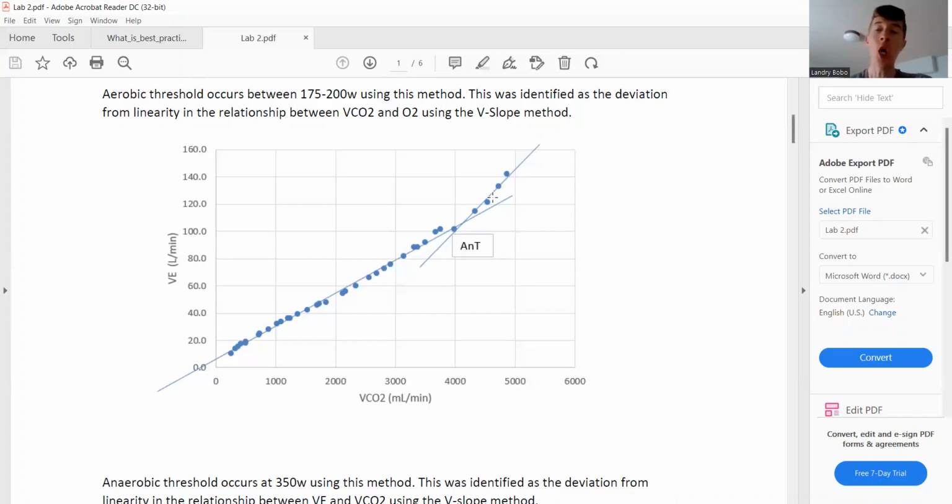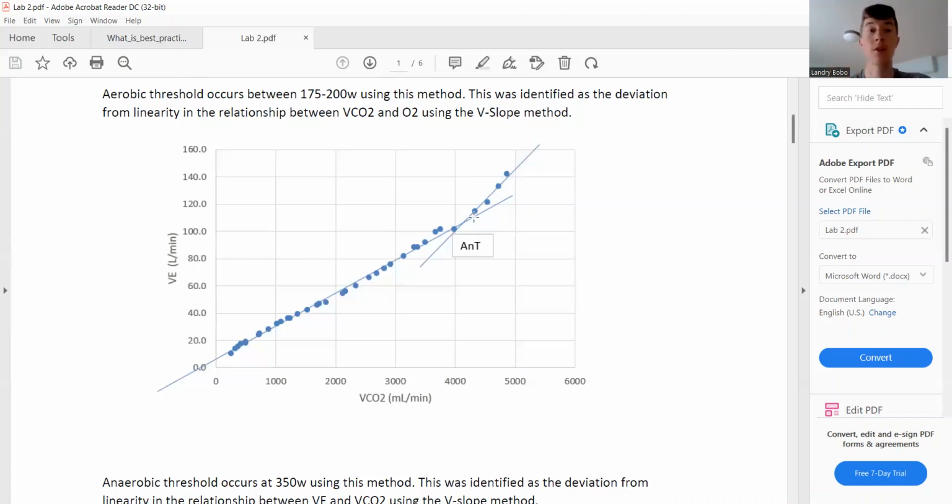Your body is trying to get rid of all those metabolic byproducts. But if you're riding just below the second threshold, your breathing's still pretty controlled. You might be breathing a little bit more heavily, but it's under control. So that is how we find that second threshold. That is where those two come from.